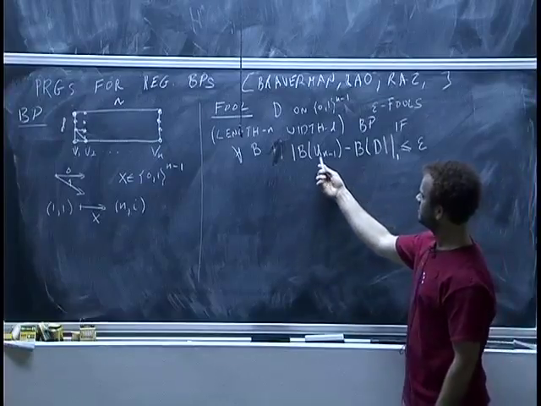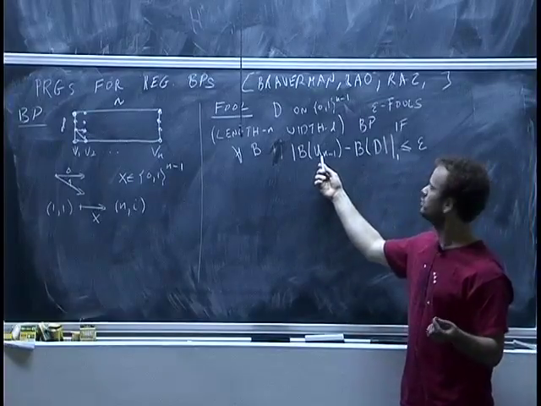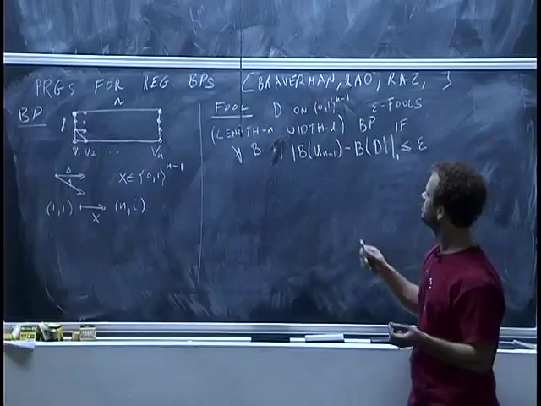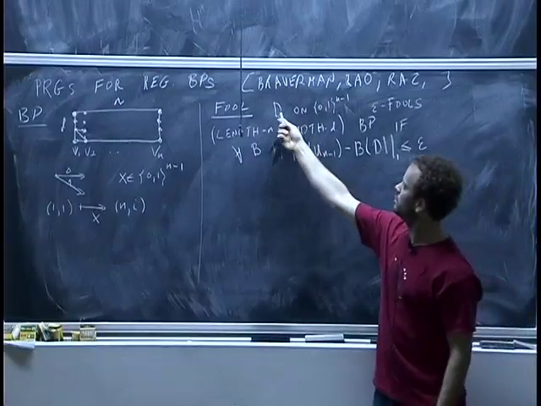This denotes the uniform distribution on this cube. This will be the distribution that we consider.